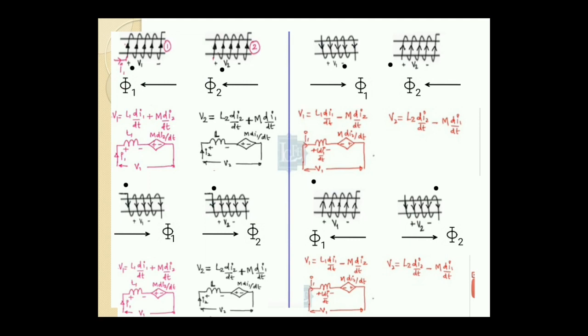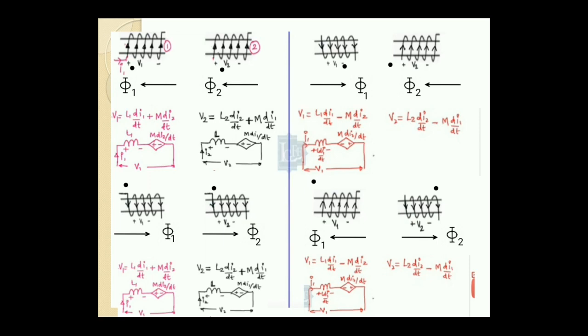Convention 1 is a combination of both case 1 and 2. In case number 2, we see the current leaving both the dots. So the overall mutual EMF is positive and the mutual flux is added to the main flux.